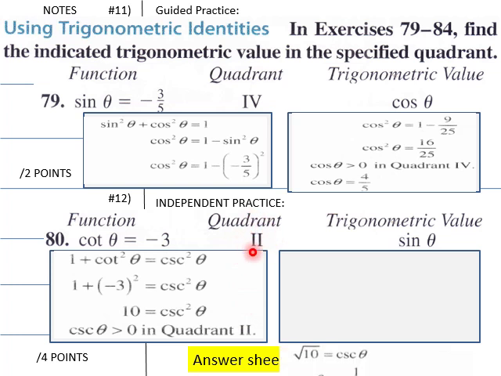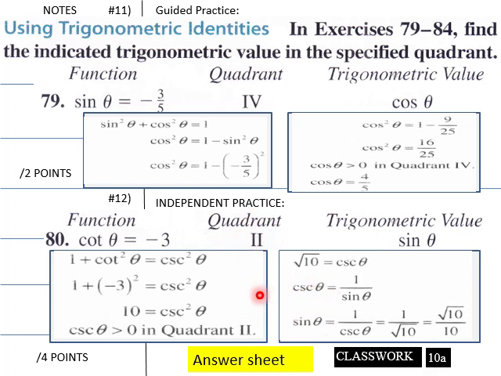We're looking for quadrant 2. So taking the square root of both sides, we have square root of 10 equals cosecant theta. Then cosecant theta equals 1 over sine theta. So sine theta would equal 1 over cosecant theta would equal 1 over the square root of 10. You rationalize your denominator, and you have square root of 10 over 10.